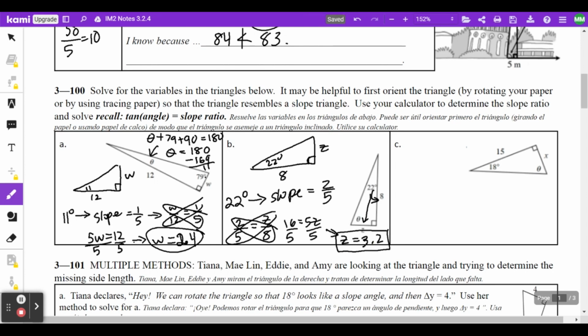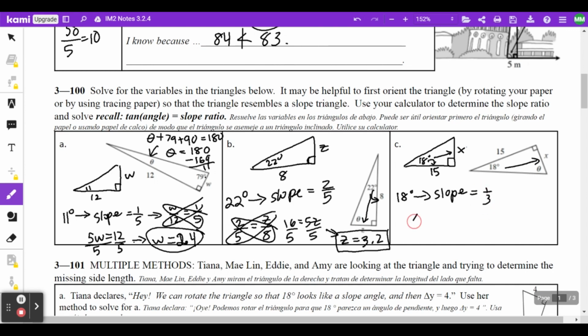Okay, I'm going to draw this again in a way that feels more familiar. My angle is 18 degrees. The side across from it is X. The side touching it is 15. I know from my graphic organizer that 18 degrees gives me a slope equal to 1/3.